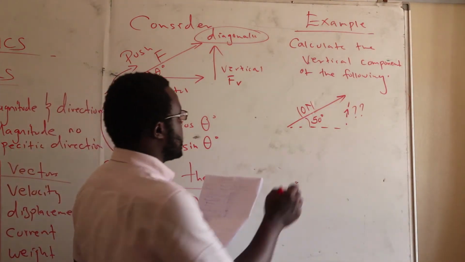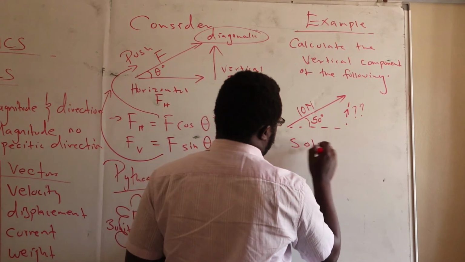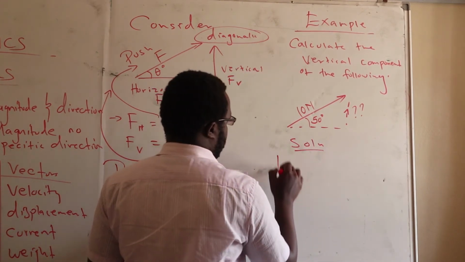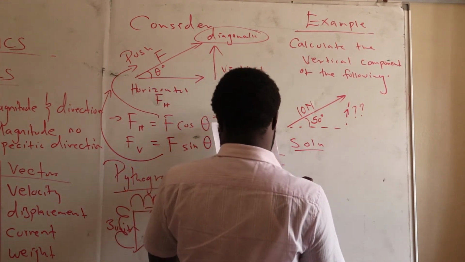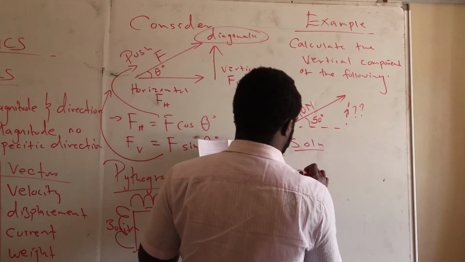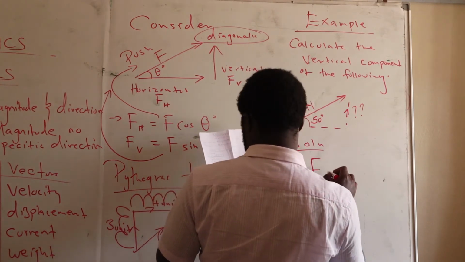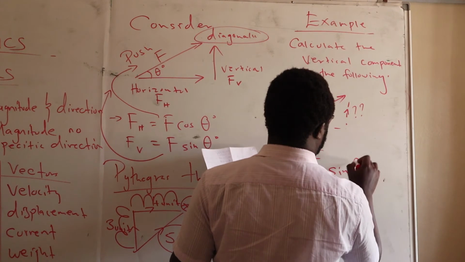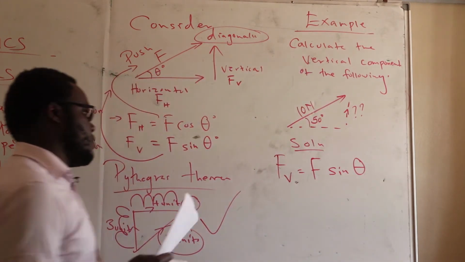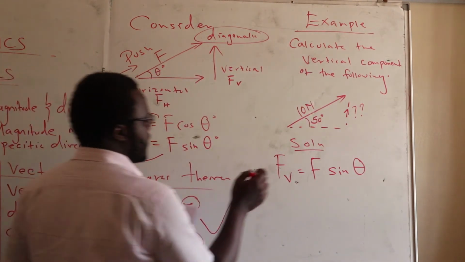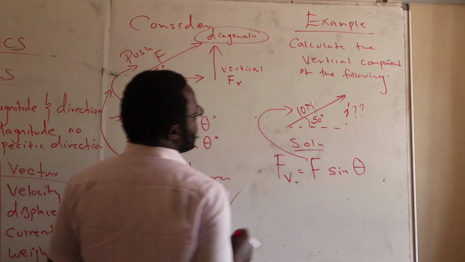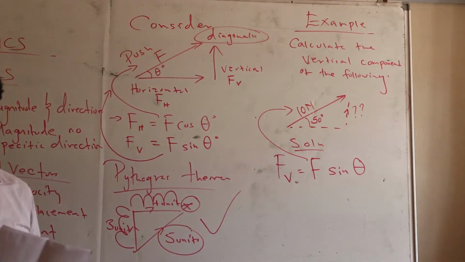Solution: F vertical is equal to F sine theta, where F stands for the original diagonal push.